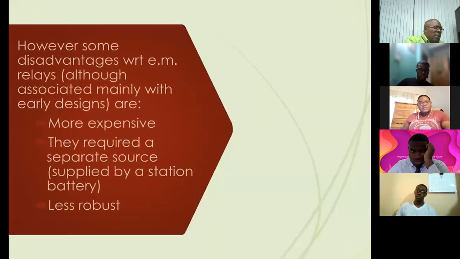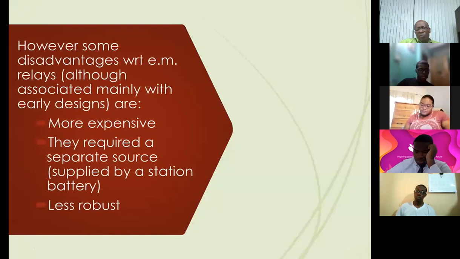On the flip side, for obvious reasons, the analog will be more expensive.